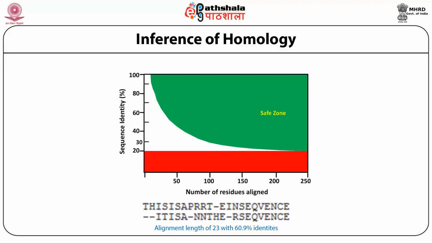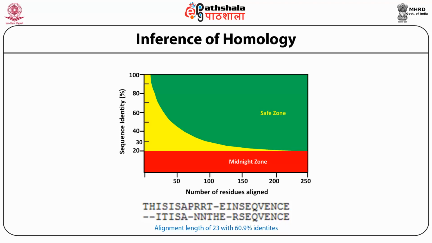This zone has been named the midnight zone. In the yellow zone, the user needs to be careful before inferring homology and must follow statistical assessment of sequence alignment.